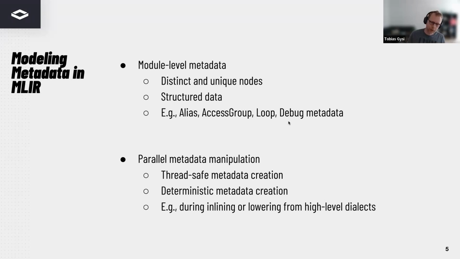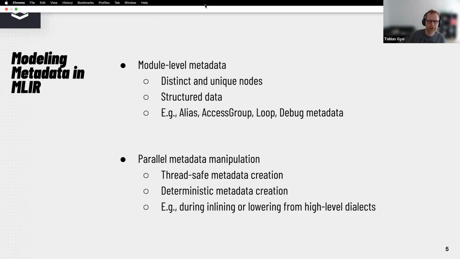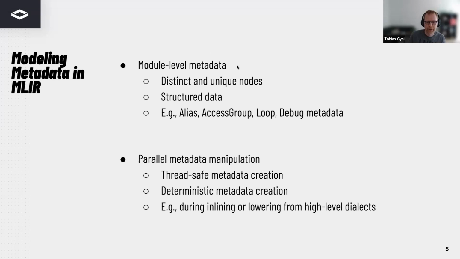Of course, what we could do now is say, okay, in LLVM dialect, we do everything sequentially, but there are things like, for example, inlining, that you cannot do sequentially. So basically, the framework forces us to do it in parallel. And also, it would be very interesting when we lower from higher level dialects that we can do stuff in parallel. I see there is a question in the chat or comment.